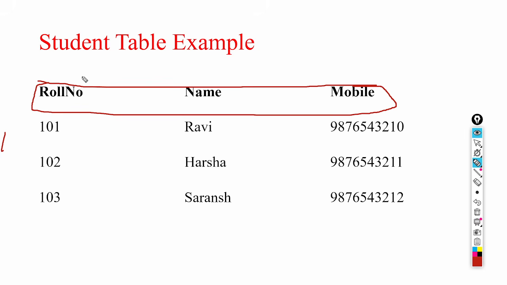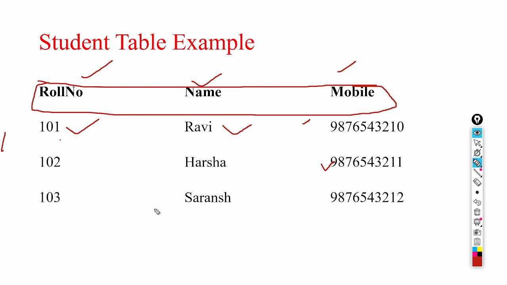So what are your attributes? The column names: roll number, name, and mobile number. Notice the roll number and mobile number are different for every student. Here student 101 Ravi, and the roll number and mobile number are different. And 102 Harsha, their roll number and mobile number are different.